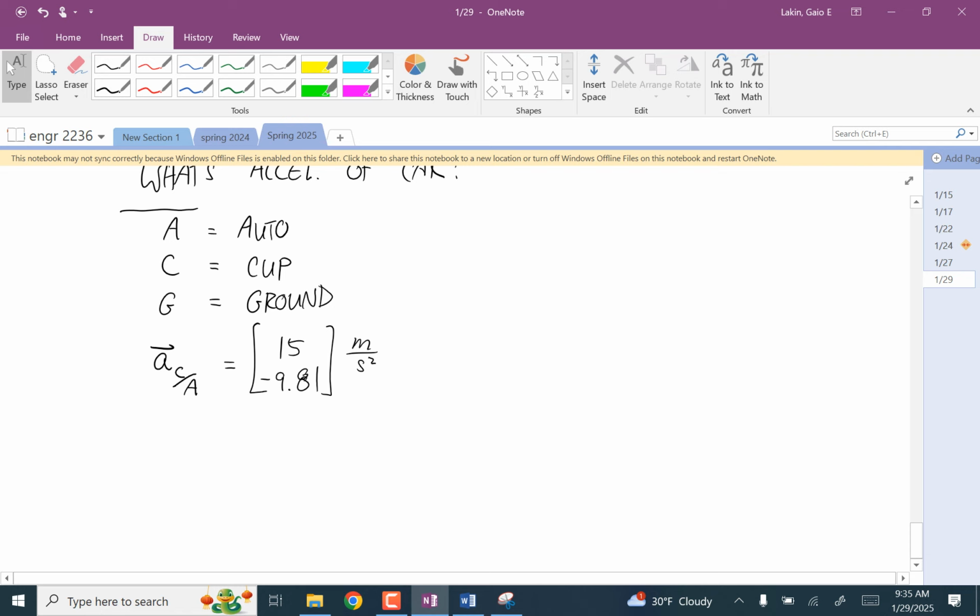We're going to use the same thing that we did before. We know that really what happens when something falls is that in the ground frame, its acceleration is down at 9.81. So the acceleration of the cup relative to the ground is 0, negative 9.81.